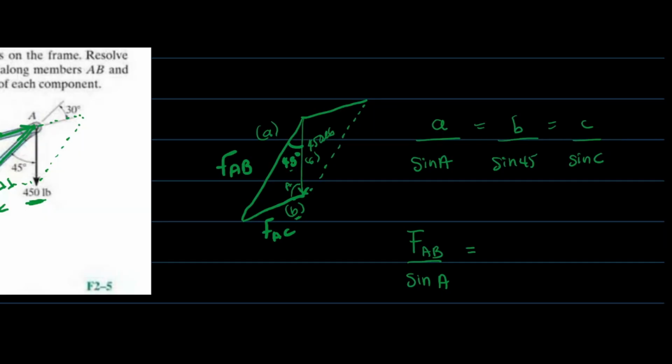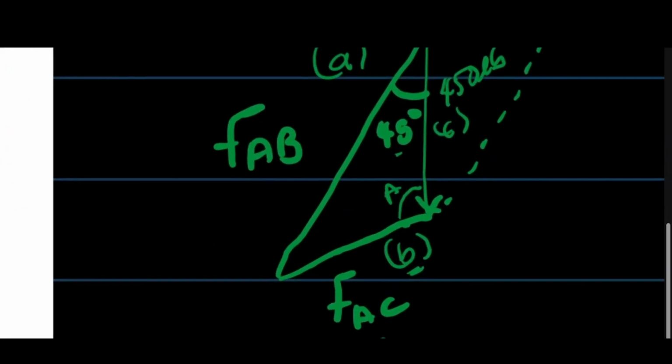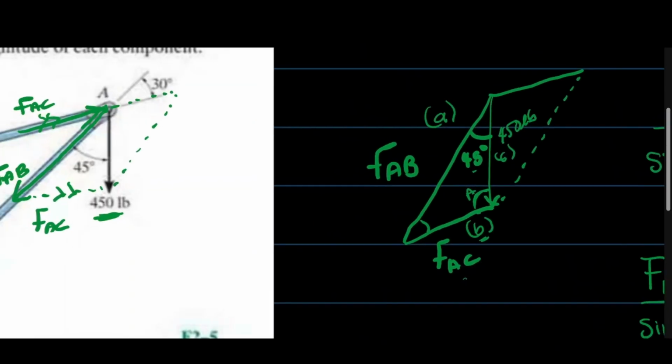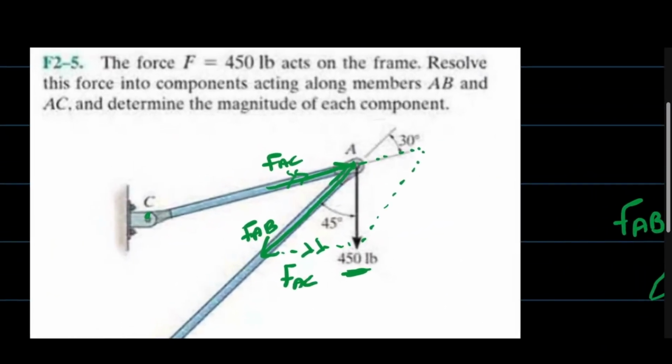And B, we're going to skip it because it's also an unknown, FAC. So we're going to go on to C. C is 450 pounds over sine C. Again, we don't know the angle. So basically, this is telling us that we need to find these two angles. I'm going to need you to put on your angle shoes.